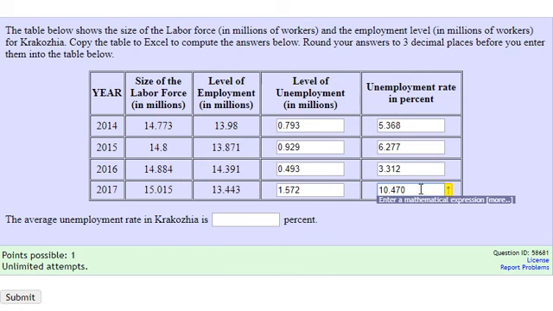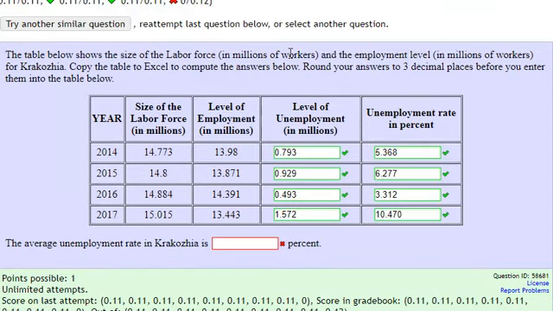So I suspect the year 2017 is not a very good year in terms of GDP and unemployment. Then I hit enter to see if I got the answers right. And sure enough, I got them all right.